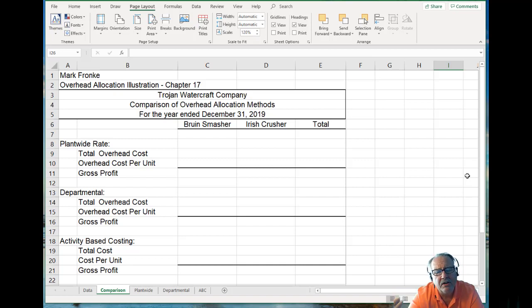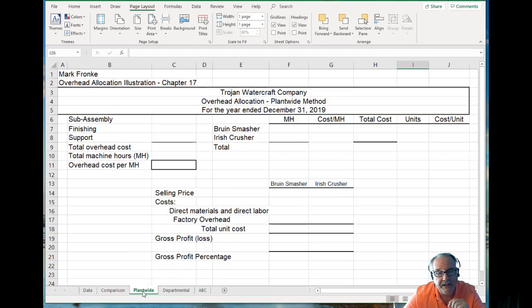And then activity-based costing, again, same calculation, taking the cost and dividing it by a base, but now we're splitting it into different activities based on what's happening in our production facility. So let's start with the basic one, which is the plant-wide rate.